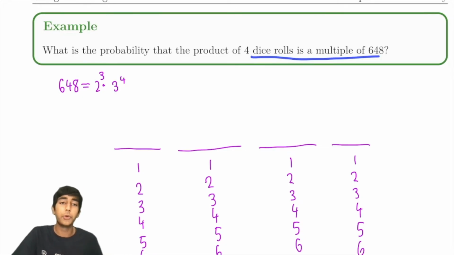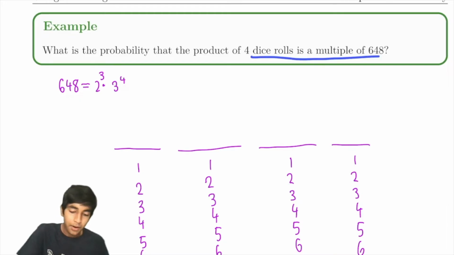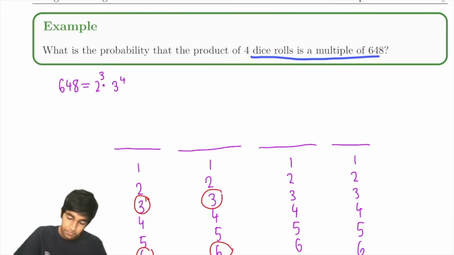Nothing can be a multiple of 3 squared or more. So if the product of all 4 numbers must be a multiple of 3 to the 4th, every number must be a multiple of 3.